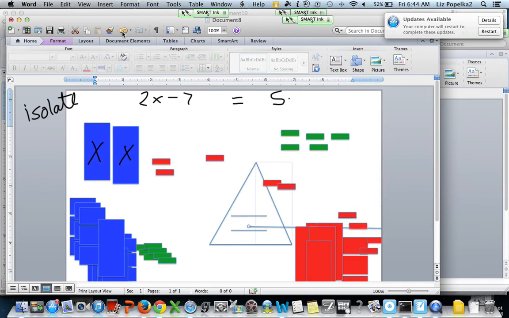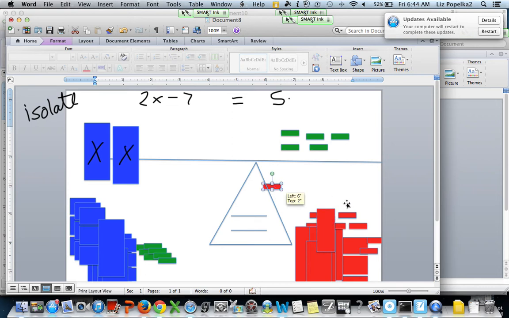Oops, didn't mean to do that. So I'm pulling my negative 7 off of my balance beam, off over here to the side. Hopefully you just removed your 7 as well.